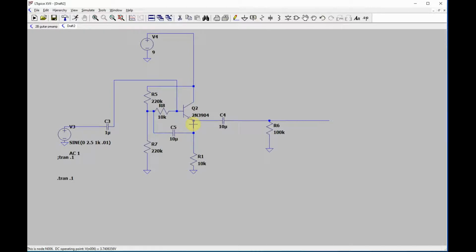It's the HFE times this. But then the other way it goes is this way. And normally you'd say, oh, that's just 10K plus the 110K in parallel we talked about earlier.